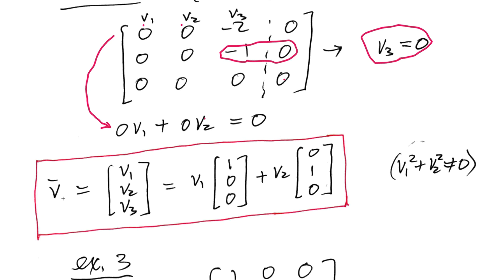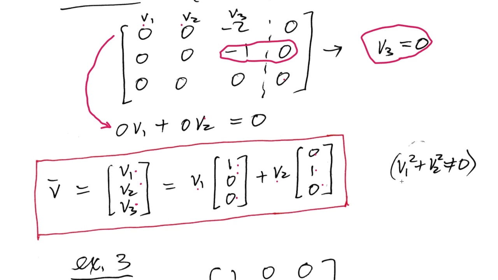Now, if I was to write my general eigenvector V bar, which is V1, V2, V3, I could say it's V1, which is free, times 1, 0, 0, plus V2, which is 0, 1, 0. So again, you notice that this is almost the span of two eigenvectors.